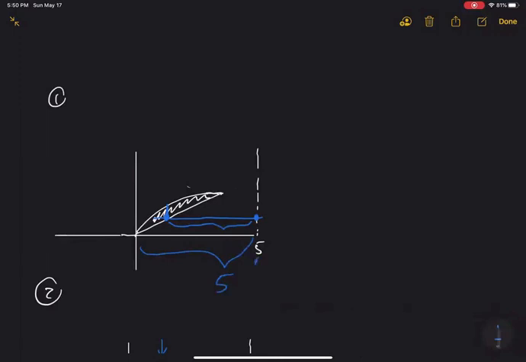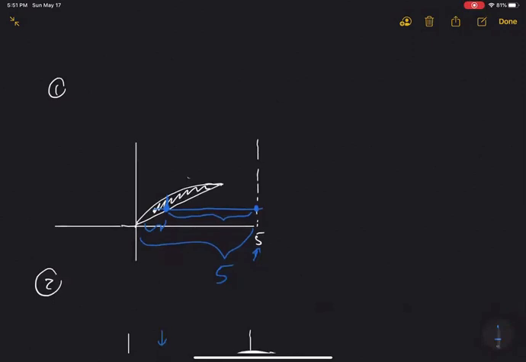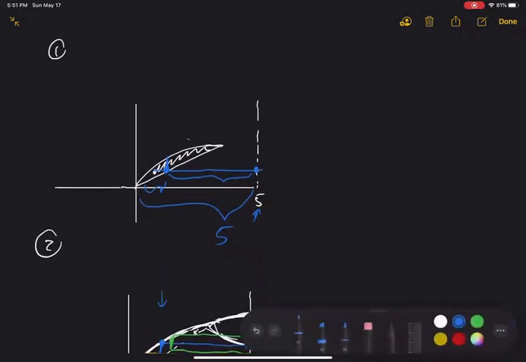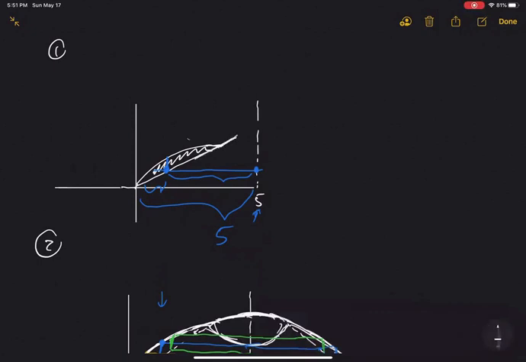Because this line is at 5. But we need to subtract away whatever that distance is. So what is that distance? That's the x-coordinate on my curve there. And what curve am I referring to? I'm referring to the line, because that's where my radius is measured to.